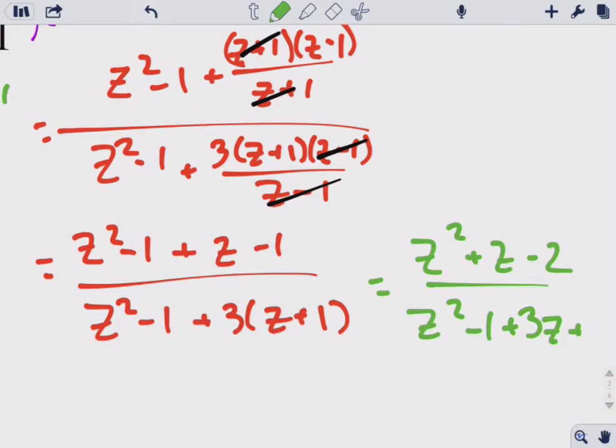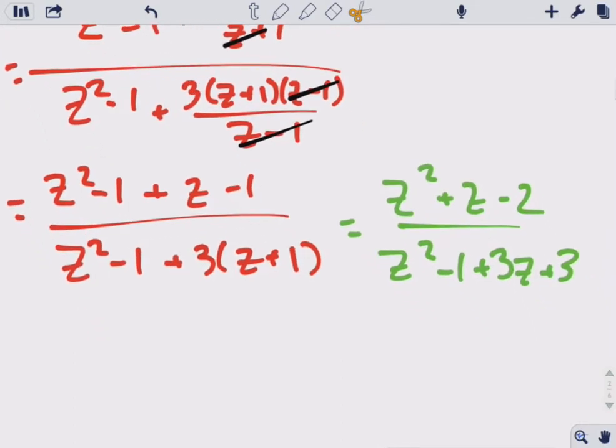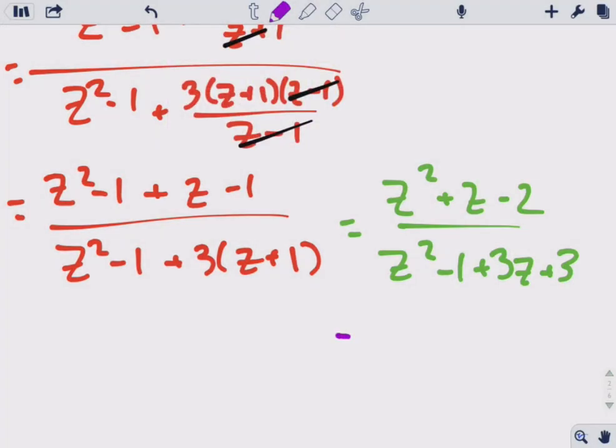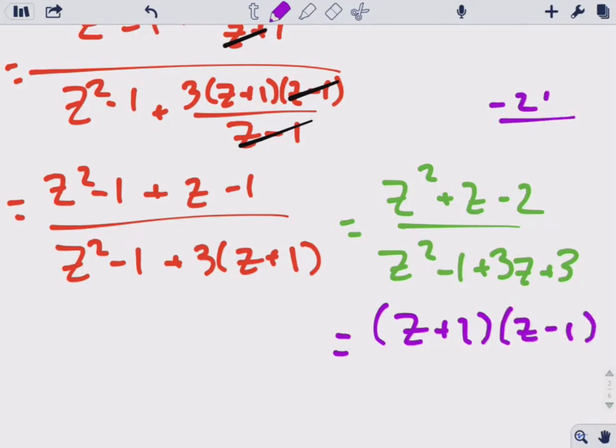Excuse me, plus 3 at the end. Got to distribute it. Remember, 3 times z, 3 times 1. Okay, and so our last step, or I guess we got a couple last steps. Alright, the top one factors as z plus 2, z minus 1, because we want factors of negative 2 that add to positive 1. Excuse me, not negative 2 and 1. Positive 2 and negative 1.